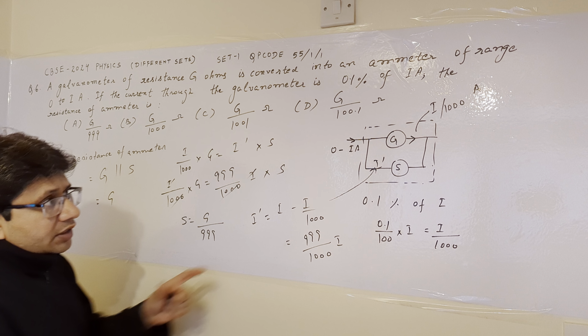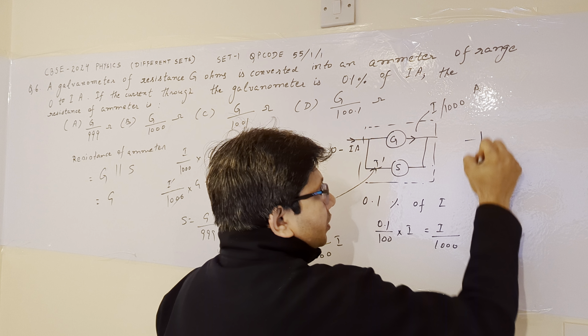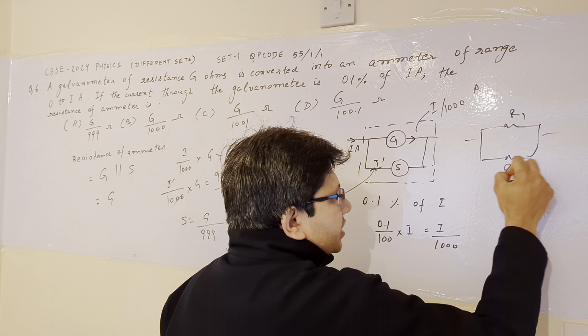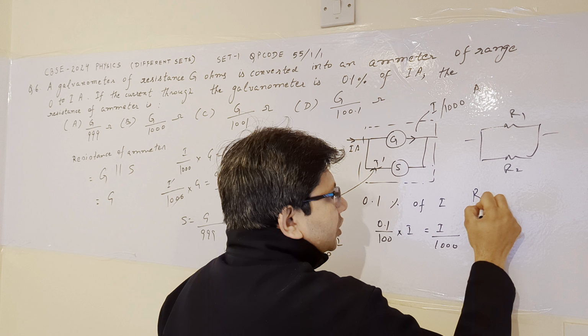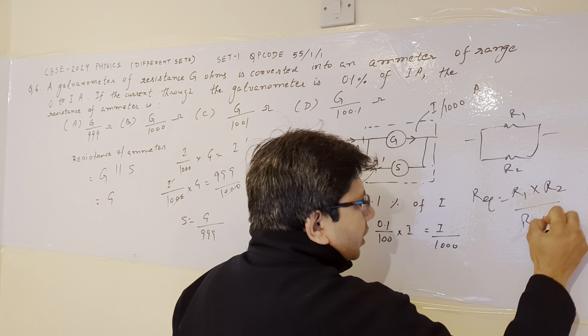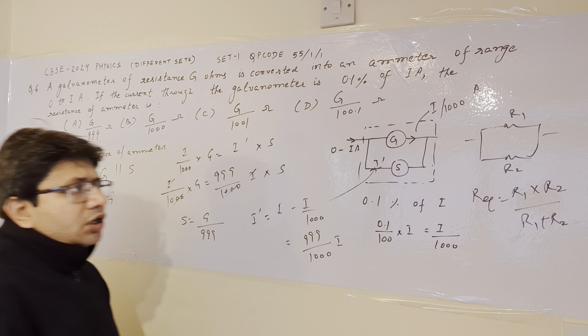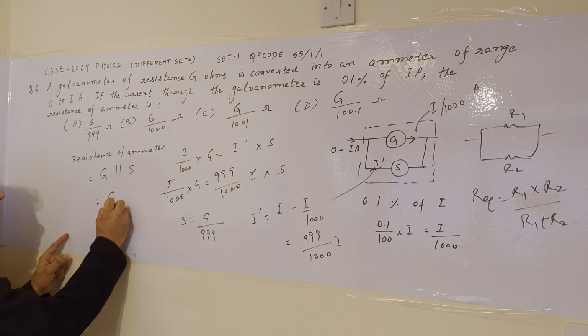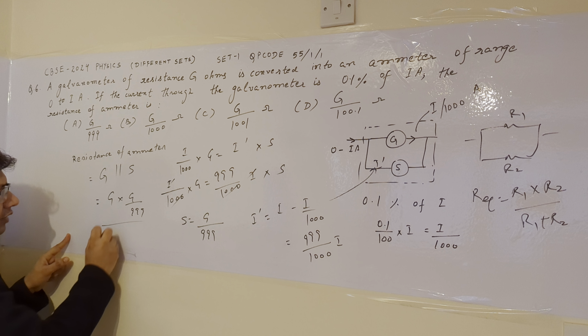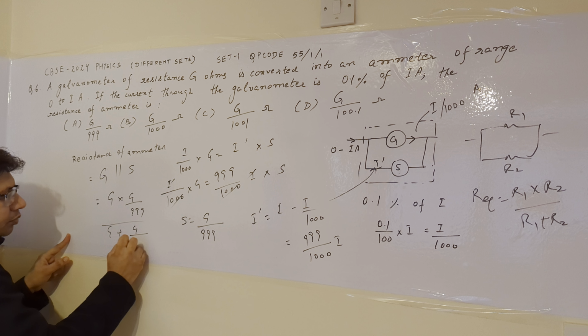And we know that for a parallel combination of two resistances R1 and R2, the equivalent resistance R is R1 R2 upon R1 plus R2. Applying this rule, we get G multiplied by G upon 999, divided by G plus G upon 999.